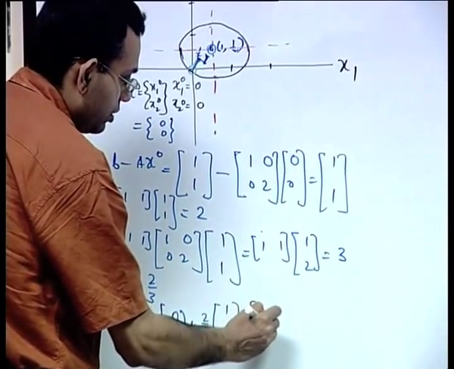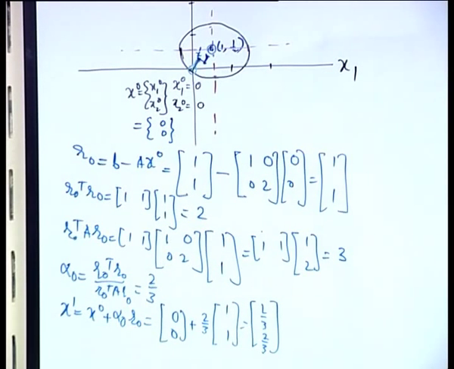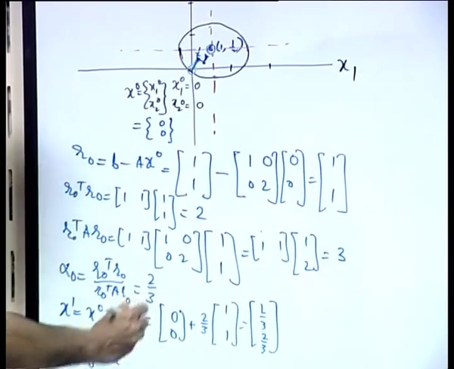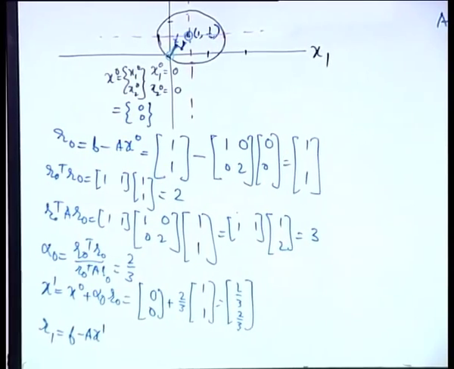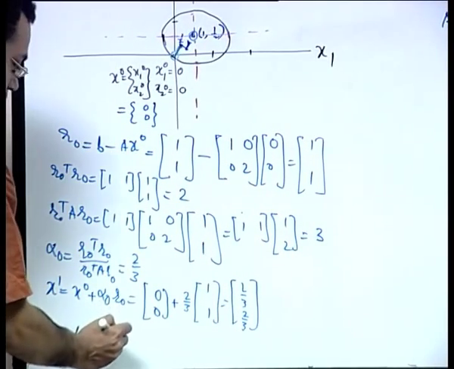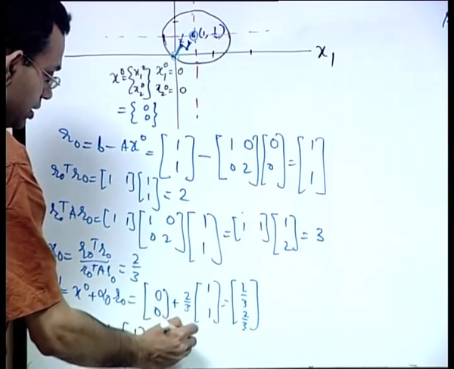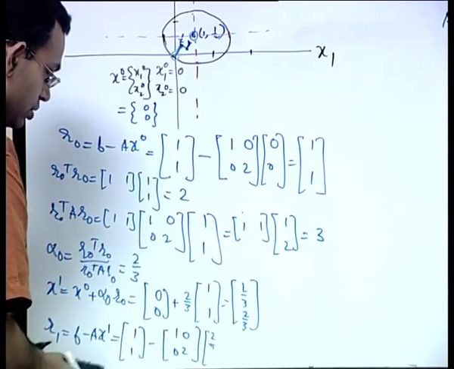So 2 by 3, 2 by 3. Then you can calculate the next step. What is r1? So r1 is b minus A x1. So 1 1 minus 1 0 0 2 into 2/3, 2/3.